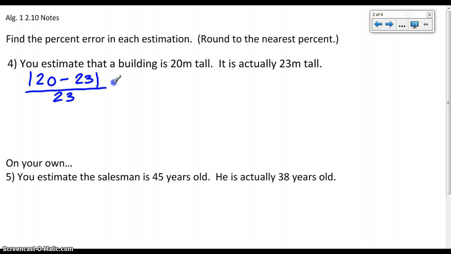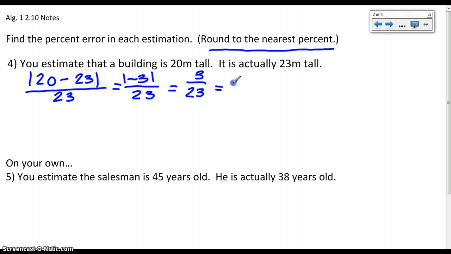So the absolute value of 20 minus 23 is negative 3, but with the absolute value sign, it's going to become 3 because it's just 3 units away from 0. So it's really 3 over 23, which is equal to, if you punch it in your calculator and round it to the nearest percent, read the directions, 13%.